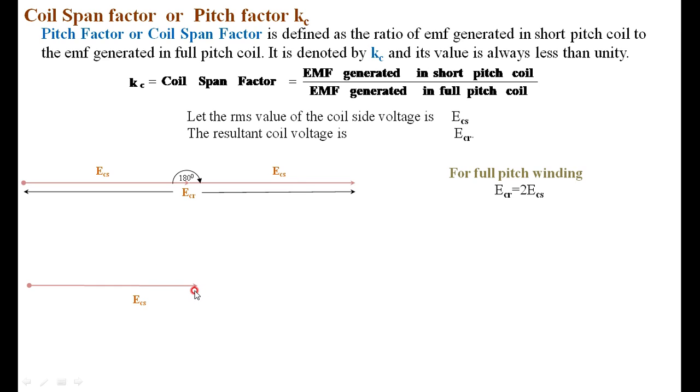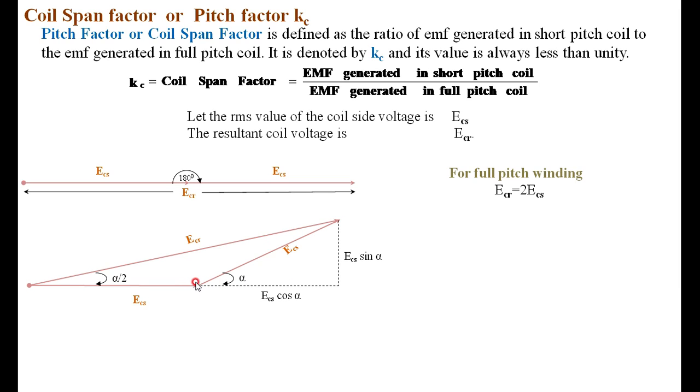In the full pitch the coil span is 180 degrees, and in the short pitch it is 180 minus alpha.